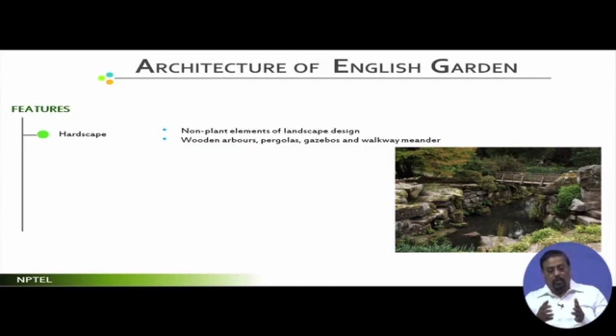Now, if you see, the gazebos were created in small form in the French landscape. Arbors, which are an extension of trellis, I have just explained, also came from the French. The pergolas, which are also a mix of trellis and arbors, I won't say borrowed, have been adopted from the French landscape styles.